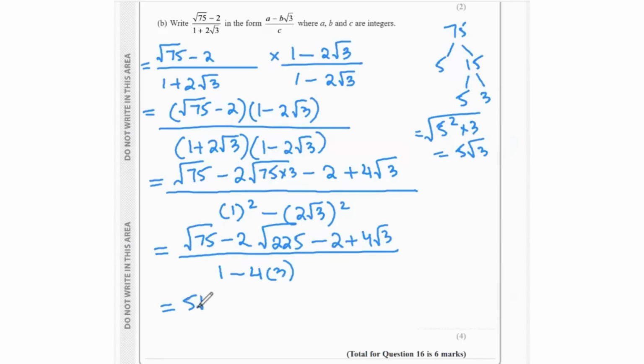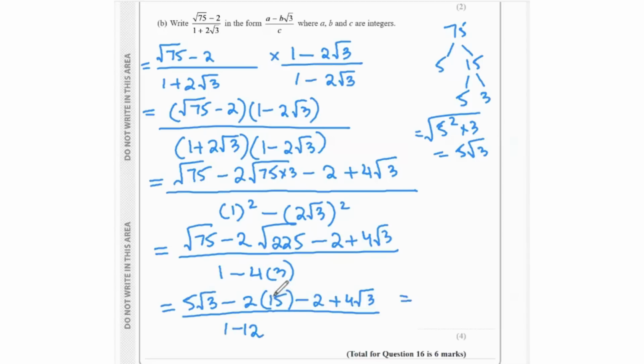So 5 root 3 minus 2. Root 225 is basically 15. So that becomes 15 minus 2 plus 4 root 3 over 1 minus 12.